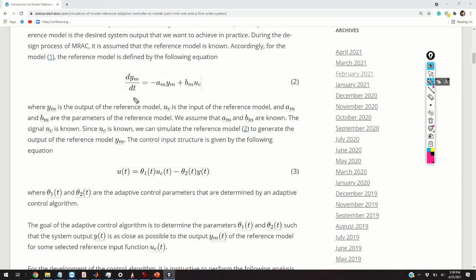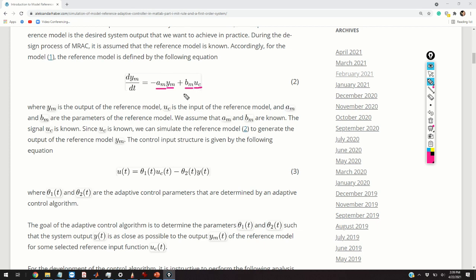Let us analyze the reference model. ym is the output of the reference model, uc is the input of the reference model, and am and bm are the model parameters that are known, since this is our reference model that specifies the desired system behavior. We assume that we know these parameters because we designed them.